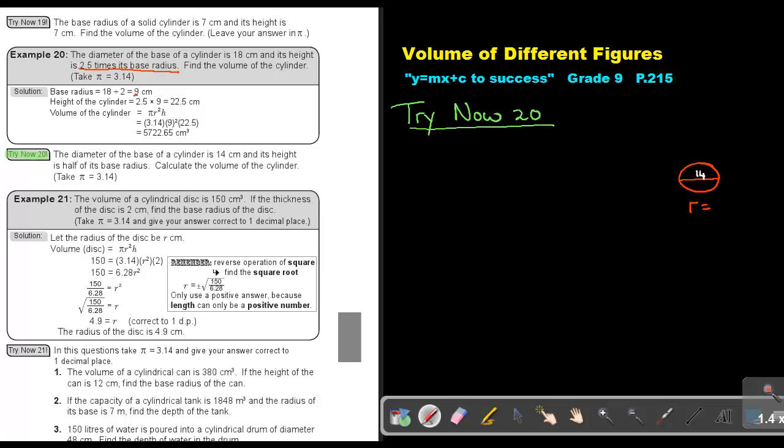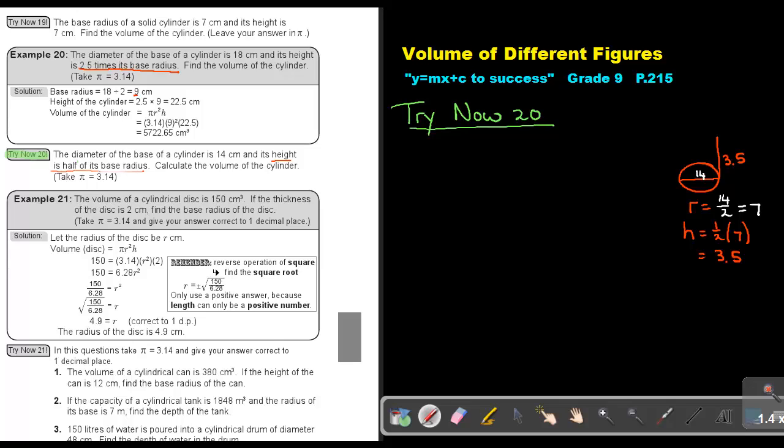I can just take that 14, divide by 2, and that's 7. And its height is half its base radius, so the height will be half of 7, and half of 7 will be 3.5. So basically, that height will be 3.5.